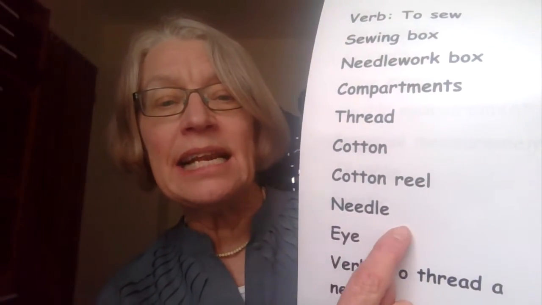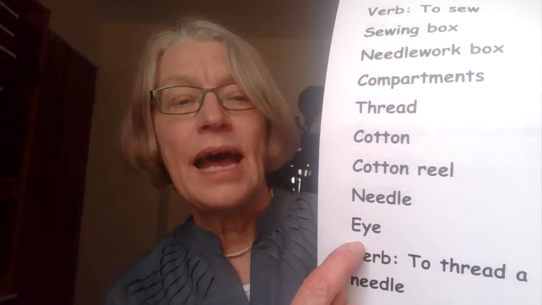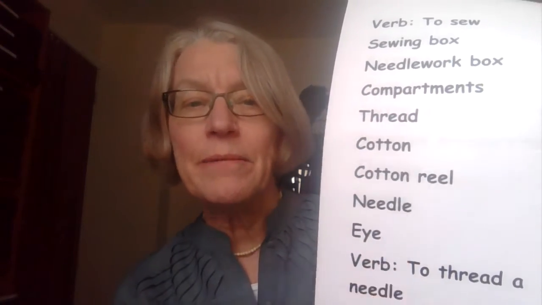So this is the needle, and we call this hole the eye of the needle. It's the same word as this because it's the same shape. So that's a needle and the eye of the needle.